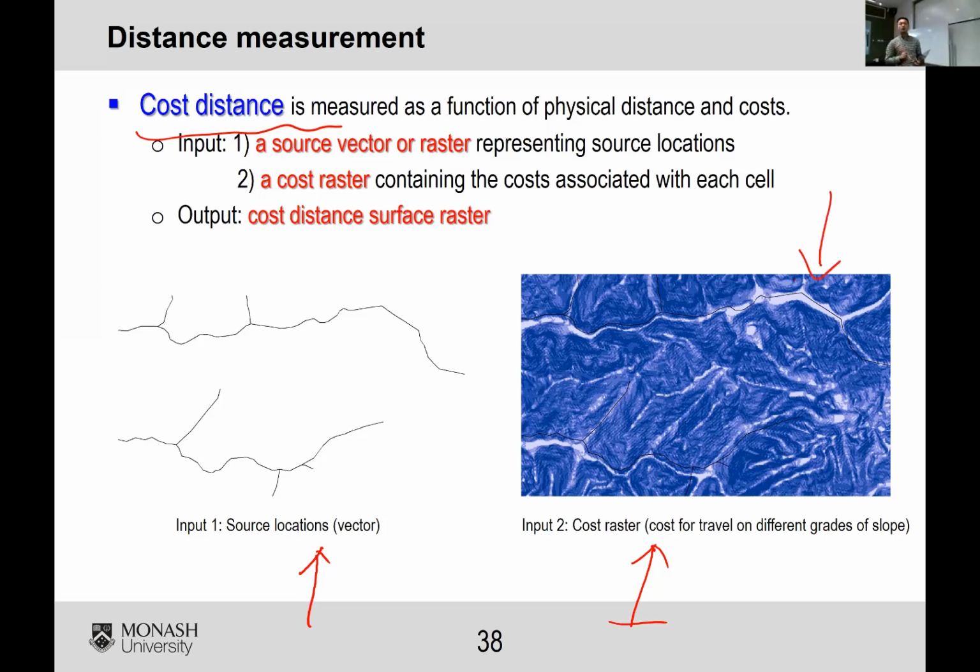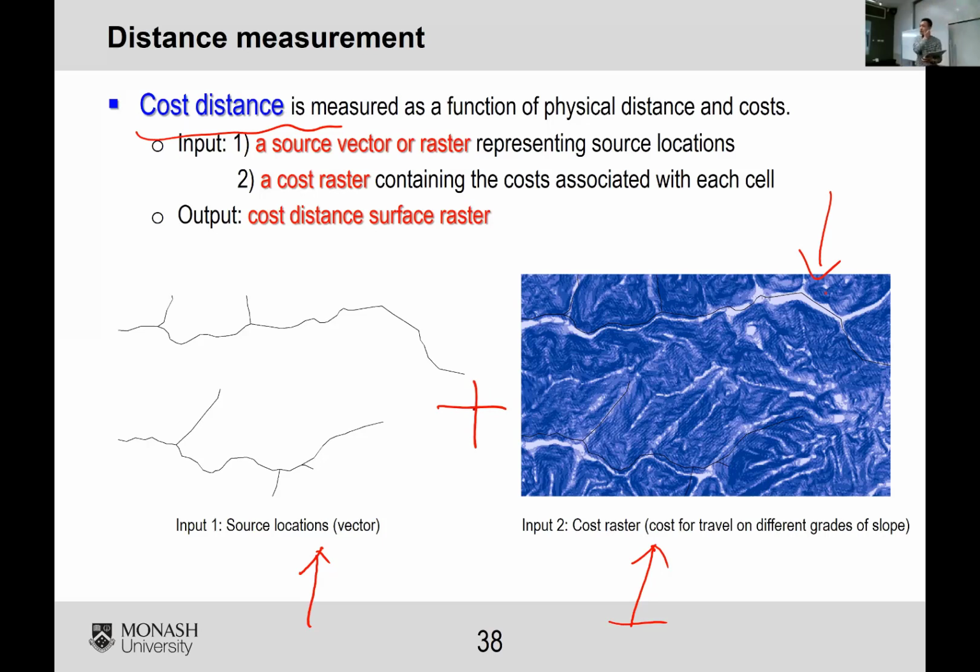This raster data is color-coded, but in fact, each cell has a value, I don't remember the range, but let's say from 1 to 5, showing different levels of slope grades. And we use this as the cost raster, the cost input.